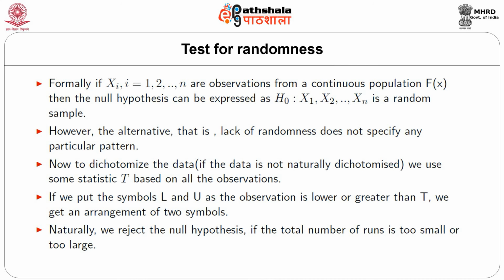However, the alternative, that is lack of randomness, does not specify any particular pattern. Now, to dichotomize the data, we use some statistic t based on all the observations. If we put the symbols L and U as the observation is lower or greater than t, we get an arrangement of two symbols. Naturally, we reject the null hypothesis if the total number of runs is too small or too large.